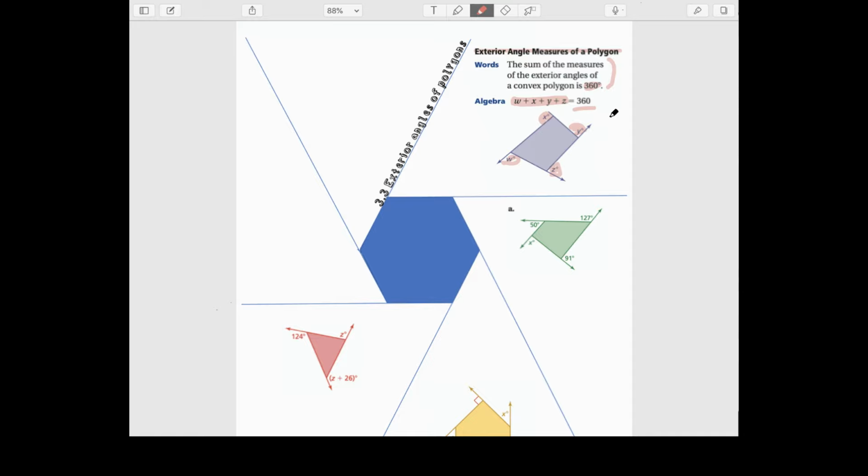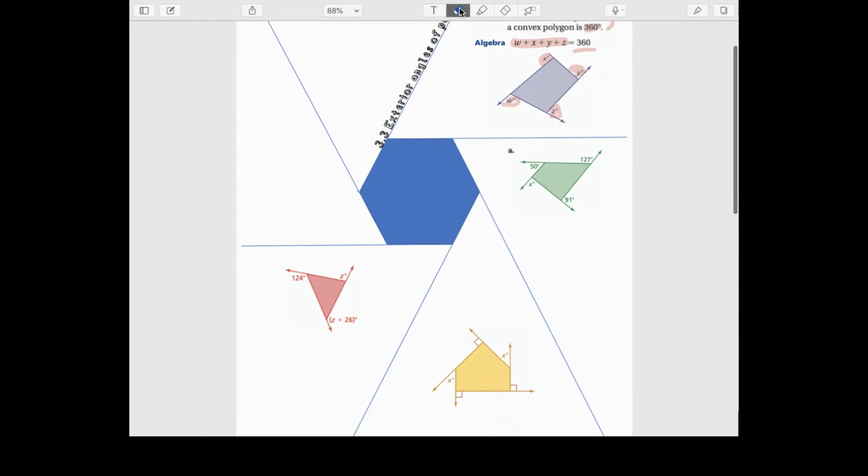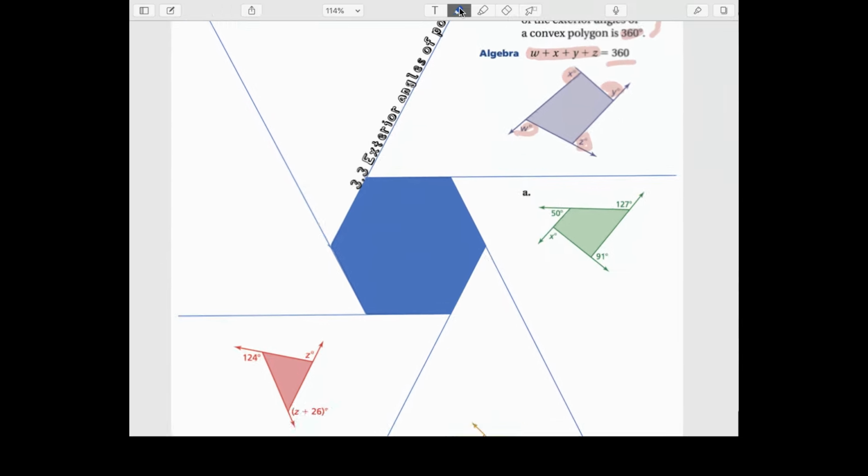We're going to use that to set up equations and solve them. Once we have a relationship like that, we can set up the equation, and once we can set up the equation, we can solve it. So let's move clockwise here.